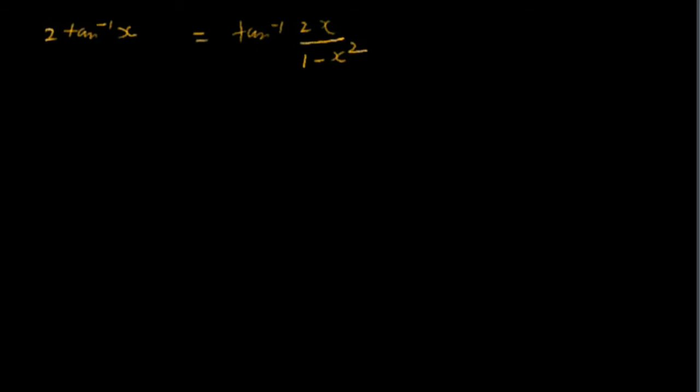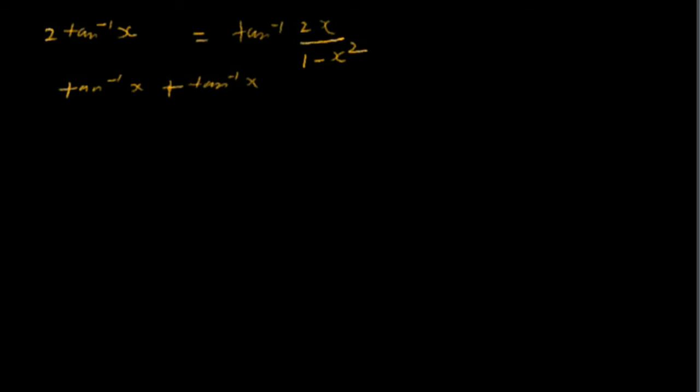If you are not remembering, you can just write this as tan inverse x plus tan inverse x, 2 times, and apply the formula of tan inverse x plus tan inverse y, you will easily get it.